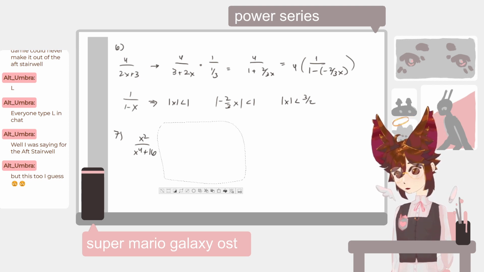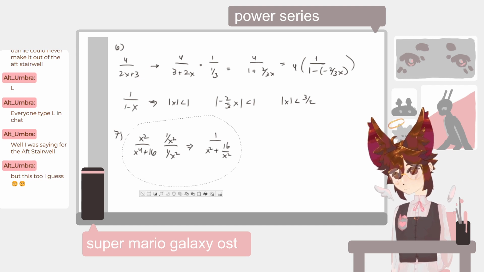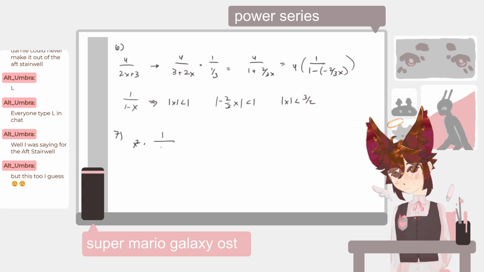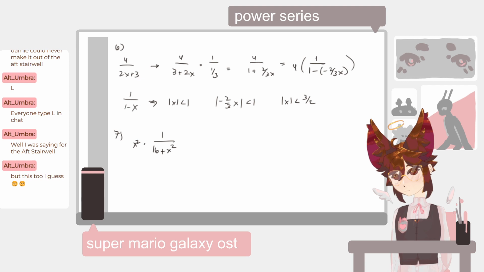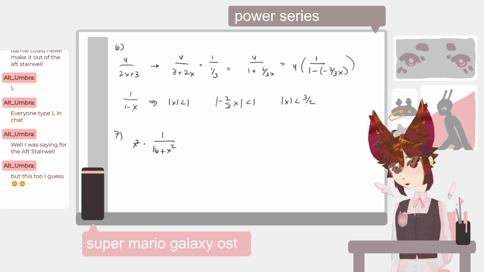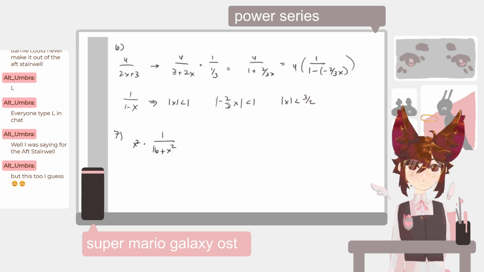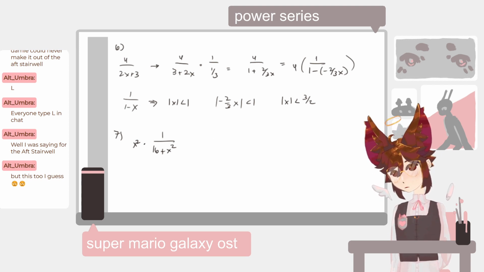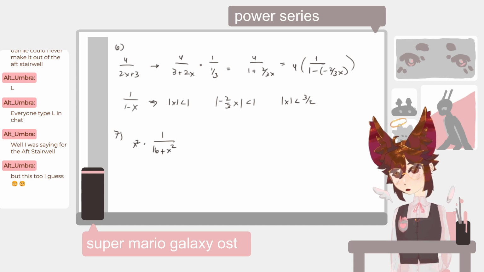Oh, wait a second. Okay, wait a second. They're saying something. It's x squared times 1 over 16 plus x squared, which is, oh wait, and then it's just, we could do partial fraction decomposition, but I really don't want to do that.